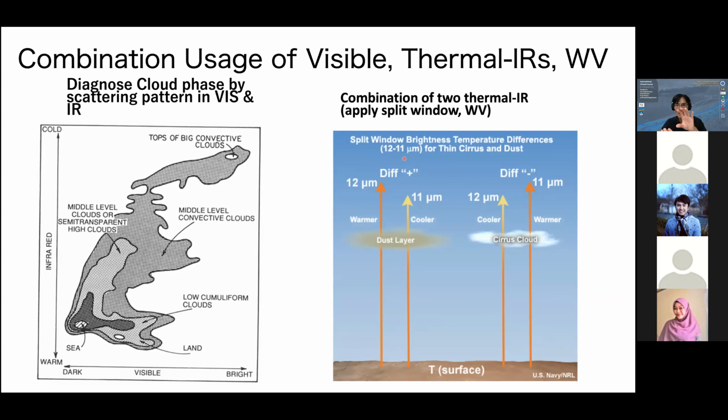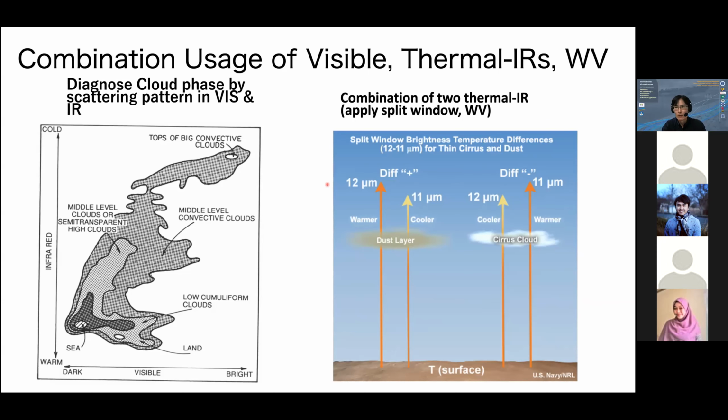Such brightness temperature differences around 10 micrometers make it easy to determine what kind of component is in the atmosphere.